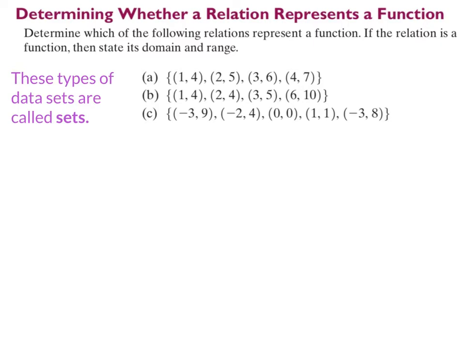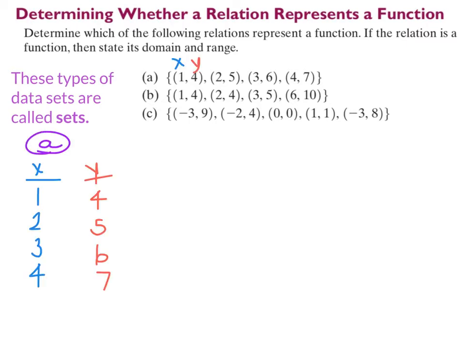And what I'm going to do with those is turn them into a kind of table map hybrid. So I make a table of values, which you've done for many, many years at this point. So write 1 maps to 4, 2 maps to 5, 3 maps to 6, and 4 maps to 7. Normally as an ordered pair, you would just leave it and then probably graph it or do something else with it.